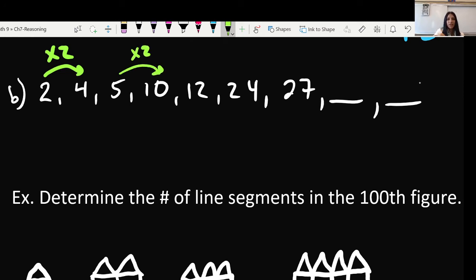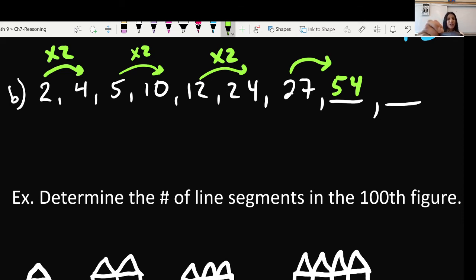That does follow the times 2. This doesn't, but this does, so times 2. And this doesn't, but this probably does. So if that's the case, then the next number according to this should be 54. And since it followed that pattern for all of these other values leading up to it, it's safe to assume that that's going to be 54.